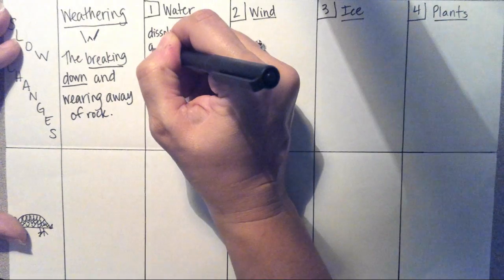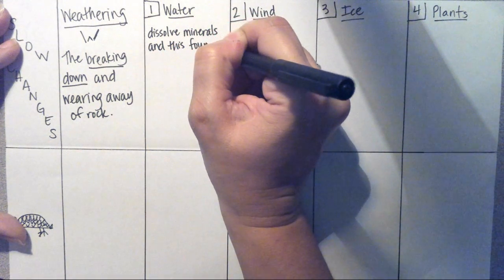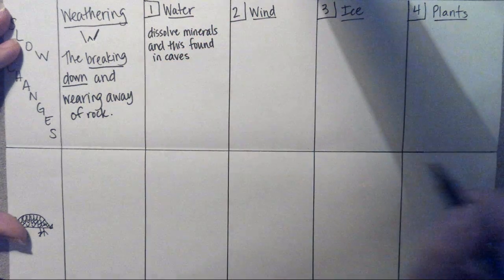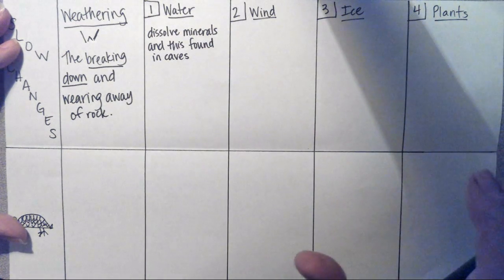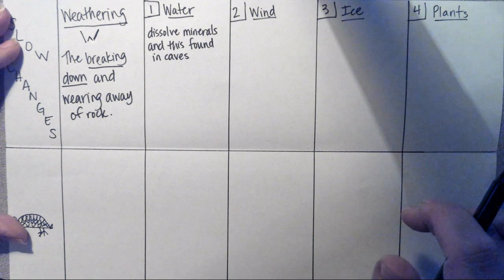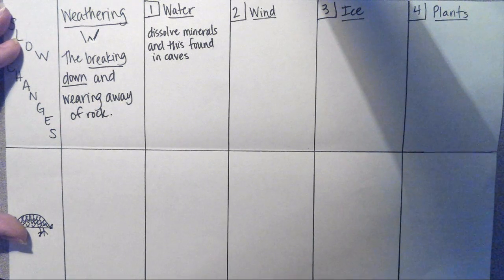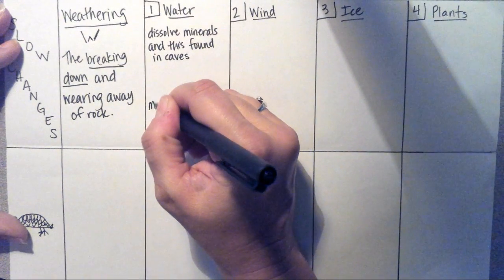And this is found in caves. Okay. And it makes huge caverns. Okay. And then we have the stalactites and the stalagmites. I don't know if I talked to every class about that, but we will. So this is moving water.